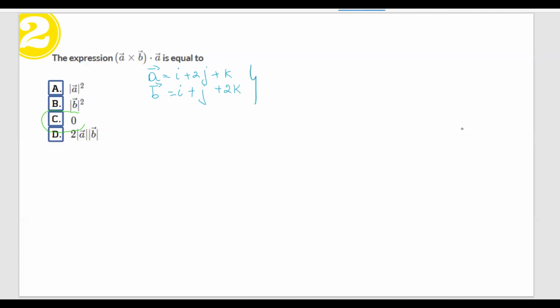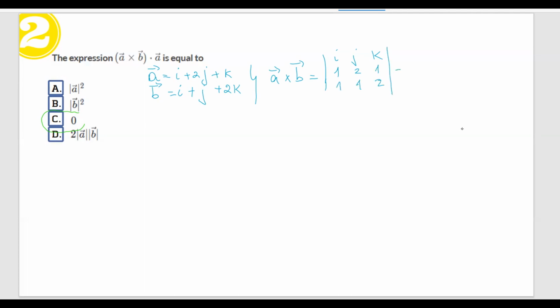And now, very easy, we're just going to proceed to do A cross B, which, as you know, we're going to do i, j, k, and then add vector A, 1, 2, 1, and then vector B, 1, 1, 2.